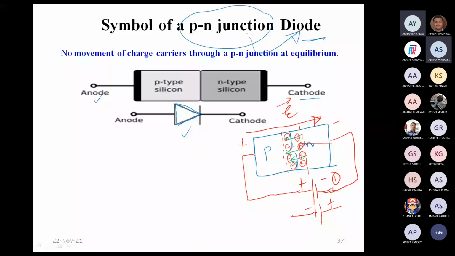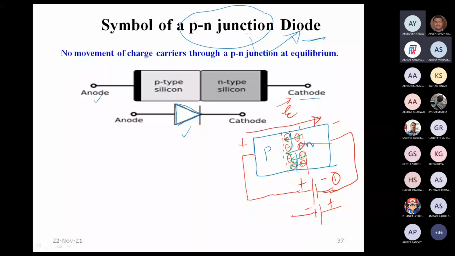But the externally applied potential source is now forcing the electric field in the opposite direction, from the p side to the n side. So there is a contest between these two electric fields, one externally applied, one internally induced. Whichever is stronger will win.